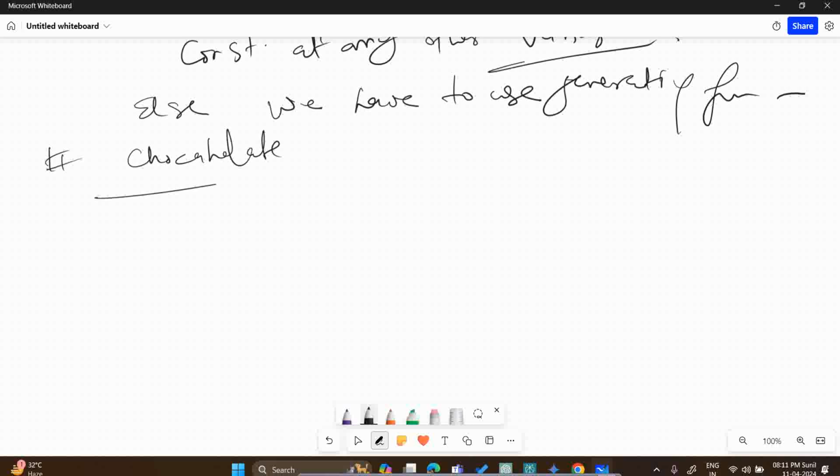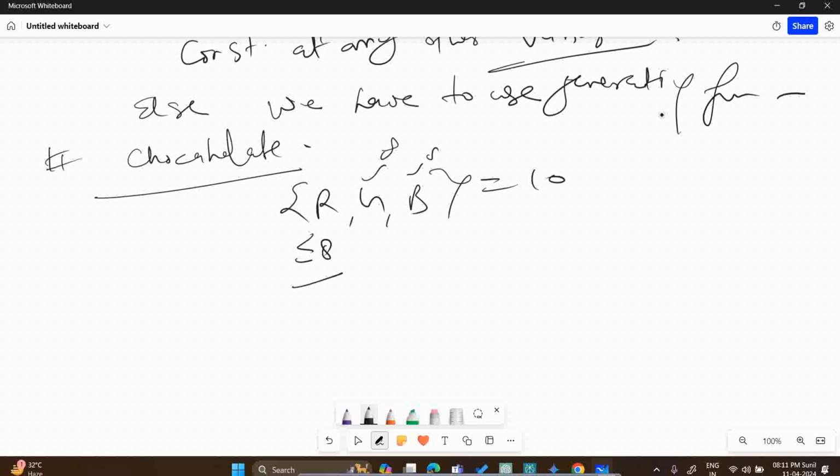Number one is a chocolate problem with upper constraint. Let's say we have three types of chocolates: red, green, and blue, and these are unlimited, but R can be only less than or equal to 8. This is the upper constraint, and the total is equal to 10. So xR plus xG plus xB is equal to 10.